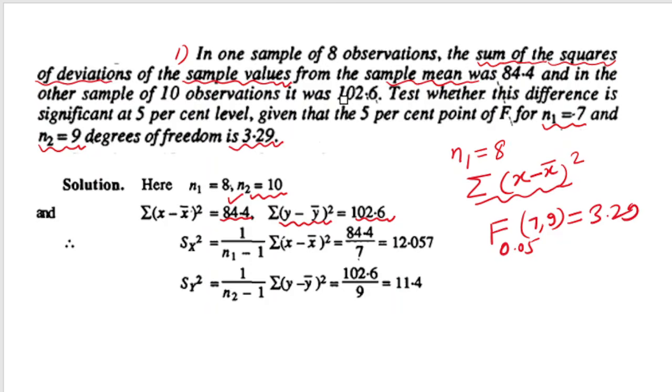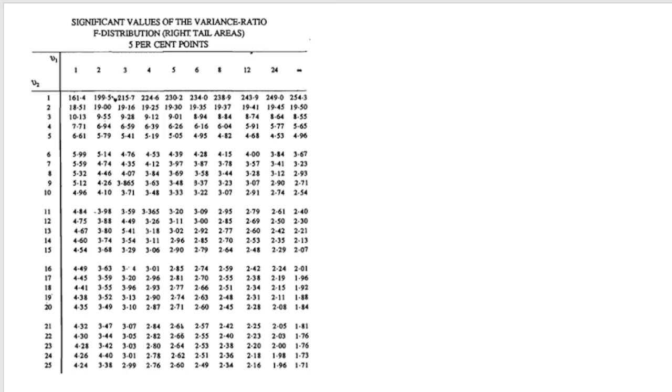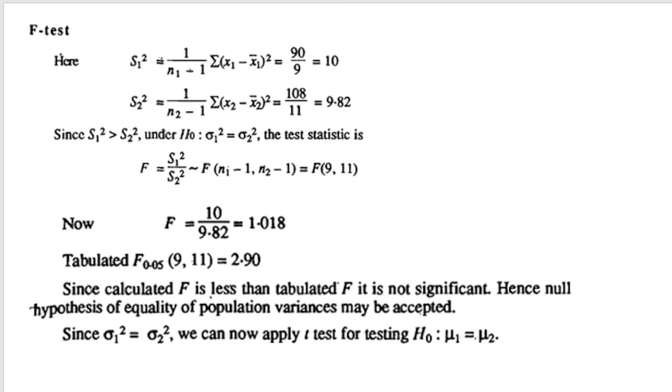Actually this can also be seen from the table. I just want to show you. On this side we have nu1, we are looking at 5, 6, for 7 it is not there. But you can see nu1 and nu2 here. So from this table you can see, but in our exam they will be providing us the values, so we should not be worried about that.